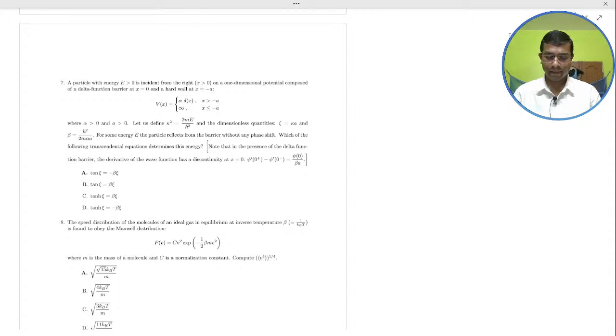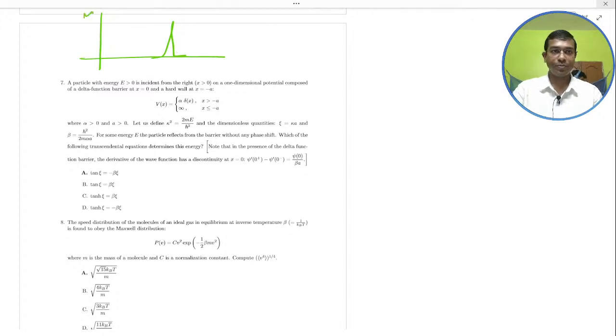So here, this is the barrier. This is the delta function. This is infinity, minus a, region 2, region 1. This is 0. Here x and here energy.